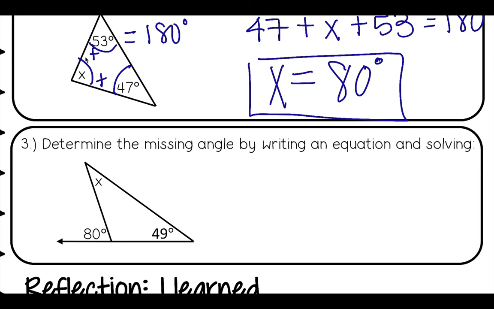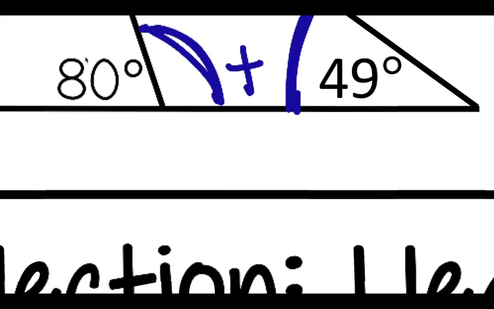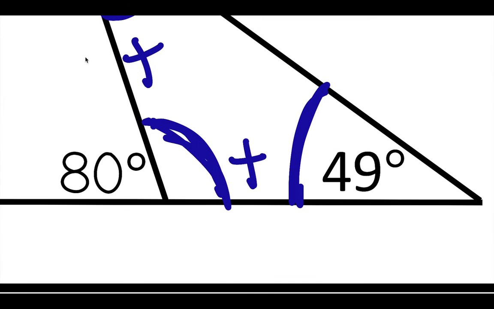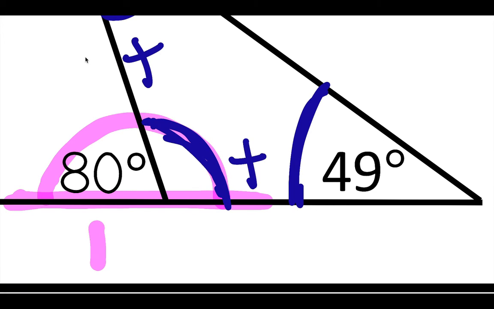I don't know. Okay, so again, angles in a triangle add up to 180. So I've got this angle plus this angle plus this angle all equals 180. Y'all, I have no idea what this angle is. There's not a square thingy that tells me it's 90. But I do have this straight line. And we just talked about the angle sum theorem. How many degrees total is a straight line?